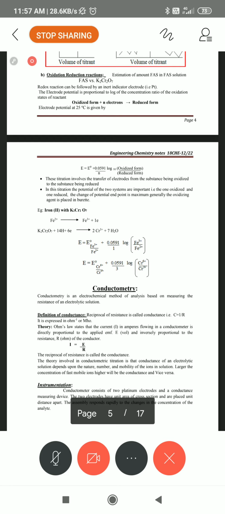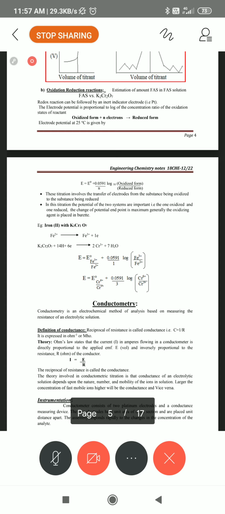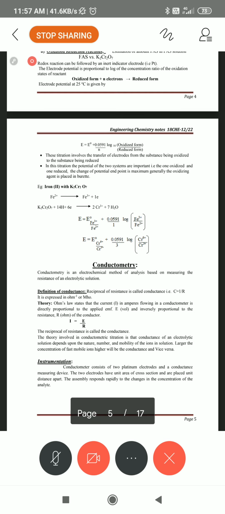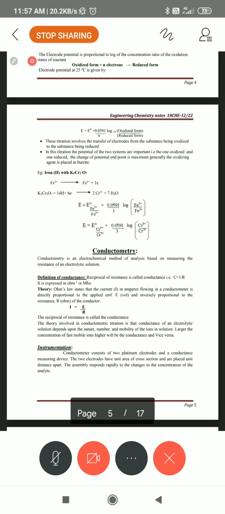So with the help of this, you determine the equivalence point of an acid, of FAS, of sodium chloride, the equivalence point of redox titration, of neutralization titration, of precipitation titration, on the basis of potential measurement. This is what we call the potentiometric estimation of FAS, potentiometric estimation of HCl, potentiometric estimation of NaCl.